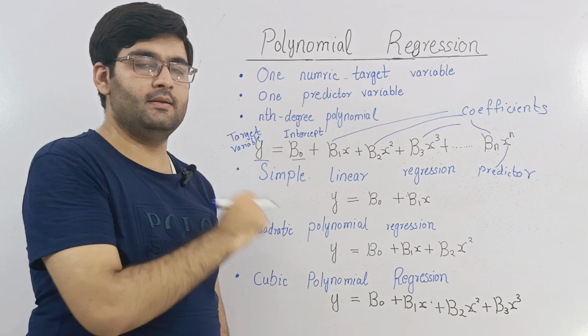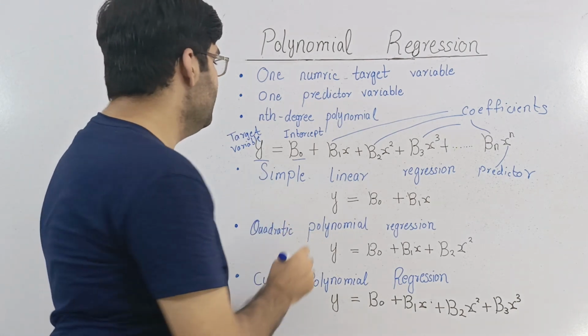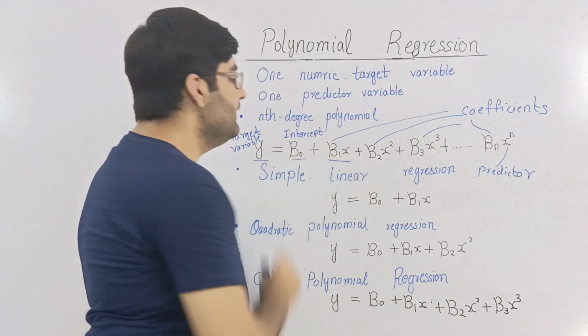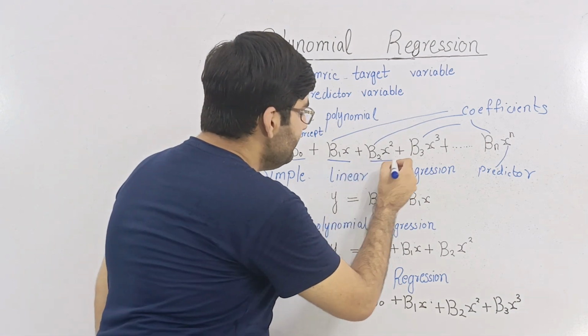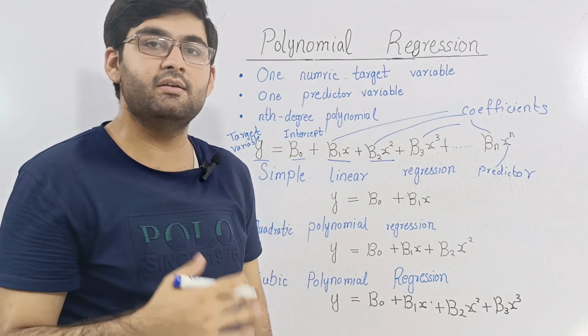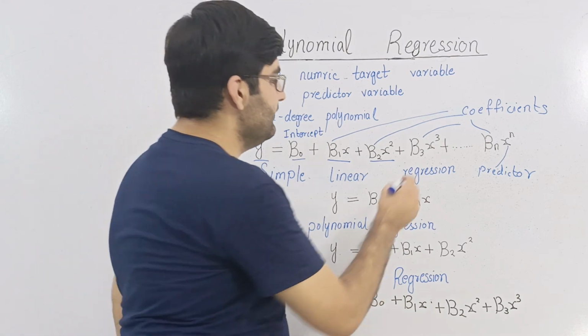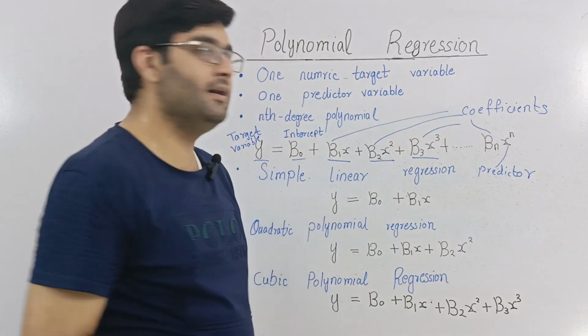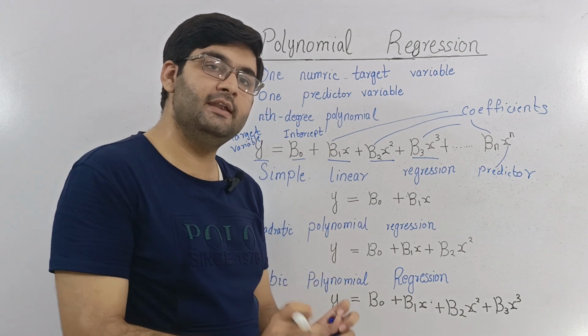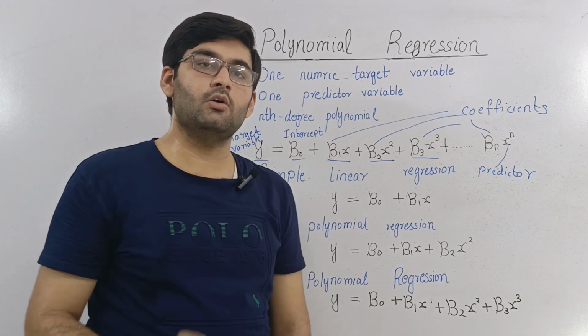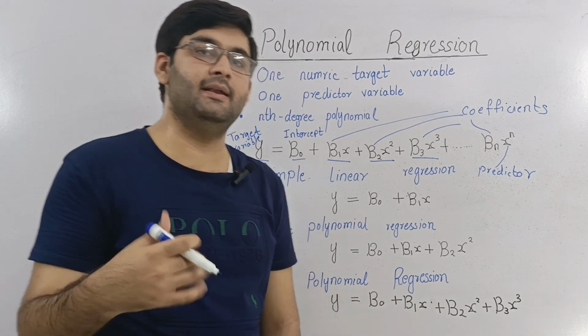Here in this equation, this is called the linear term, this is called the quadratic term, and this is called the cubic term. We can choose the value of n according to our requirement.